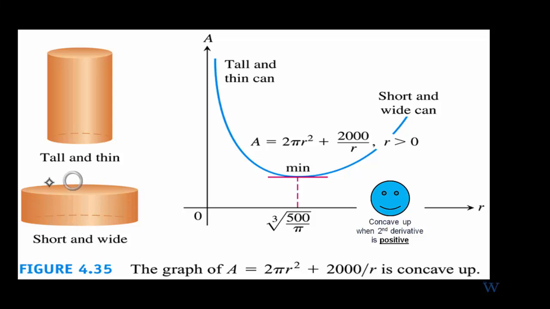Same thing here, it uses up more lid and the bottom. Okay, so the most ideal situation is that if this is the length of the measure of the radius, the height has to be twice the radius.